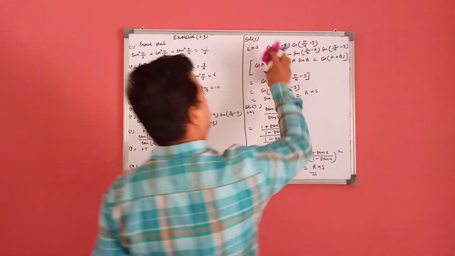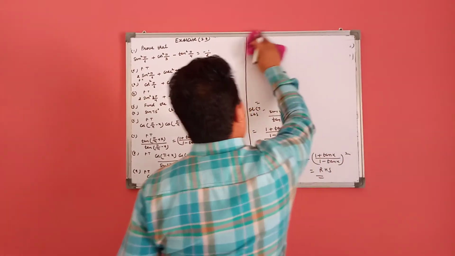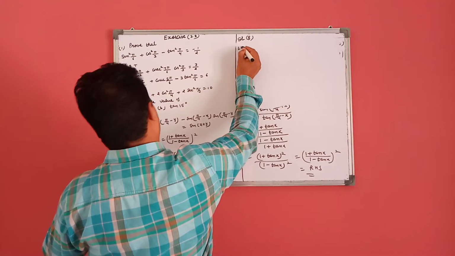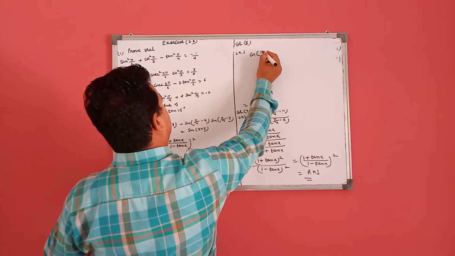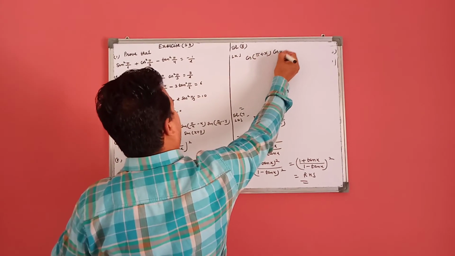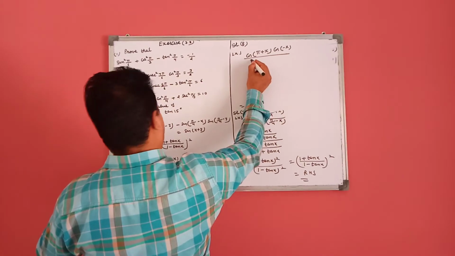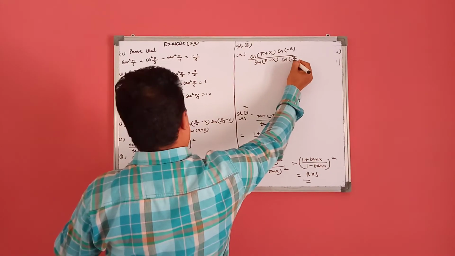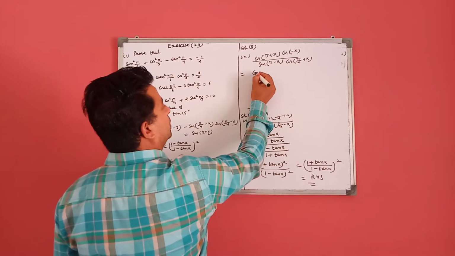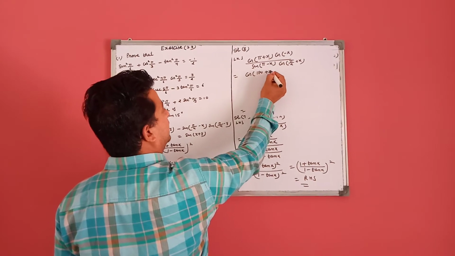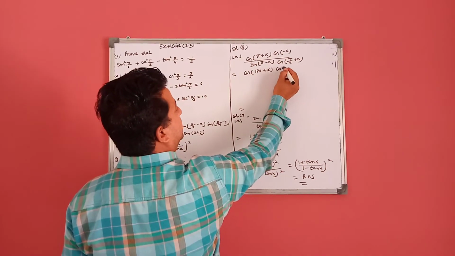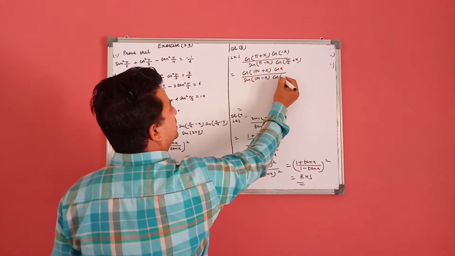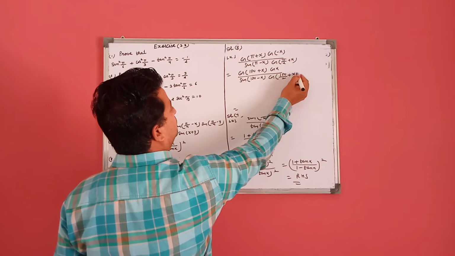In question number 8, the left hand side is the solution of question 8. Left hand side is cos(pi plus x) cos(minus x) divided by sin(pi minus x) cos(pi by 2 plus x). As we know, the value of pi is 180, cos of minus theta is plus cos theta, and pi by 2 is 180 upon 2.